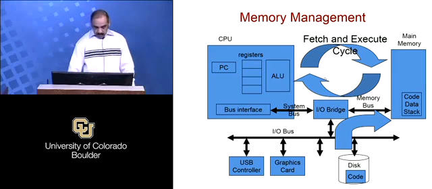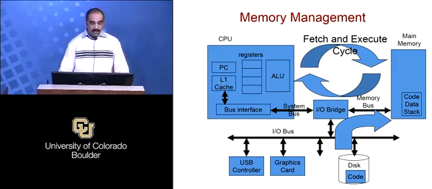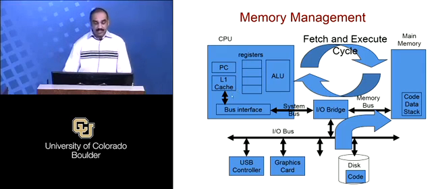Now in the process, the CPU also makes use of some other types of memory. We are already seeing the registers here. There is also the L1 cache. L1 cache is a very fast memory that sits in the same chip where the ALU and the bus interface and all that are.